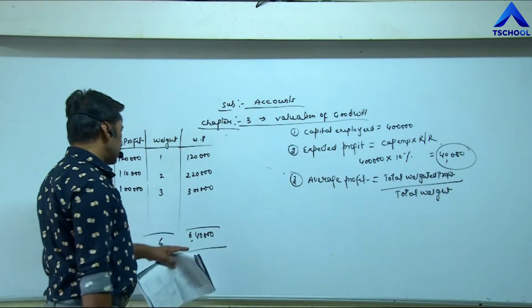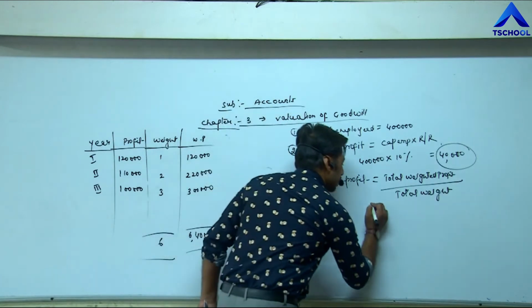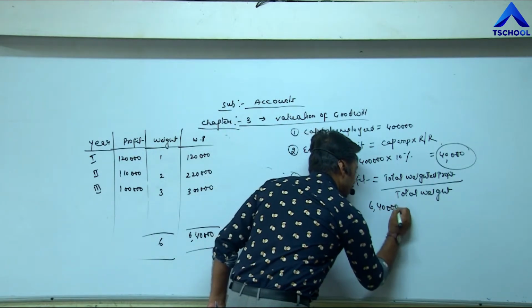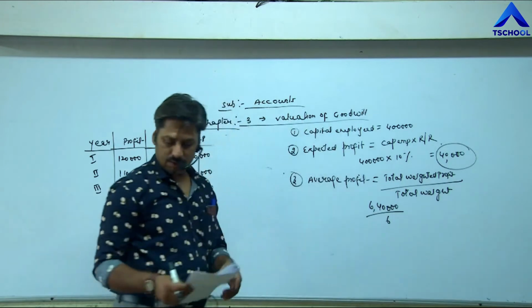So total weighted profit is 6,40,000 divided by 6.